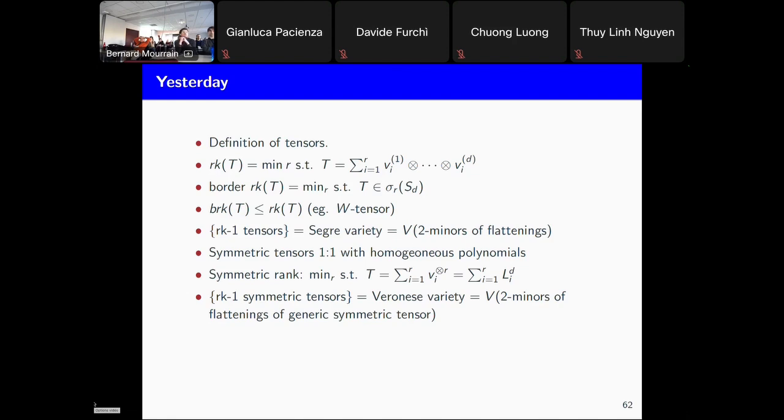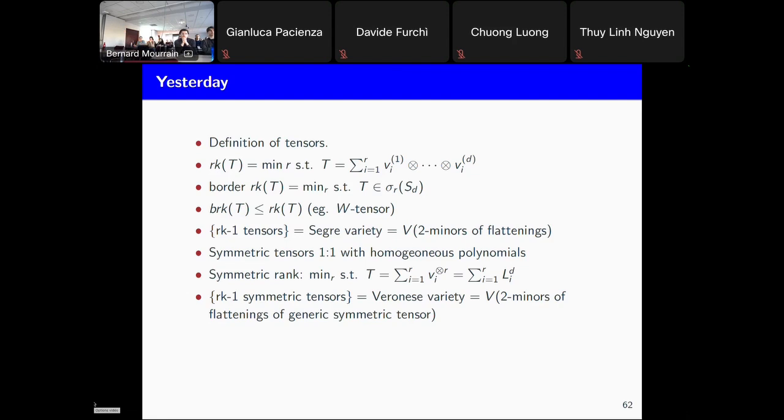Can you speak louder? Taking a connection to my last lecture yesterday, there was a setting in which we defined generic polynomials. We also said that there's a one-to-one correspondence between polynomials and symmetric tensors. Yeah, but it's not the same thing, because it passes from homogeneous to non-homogeneous. It's like passing from the affine space to the projective space.